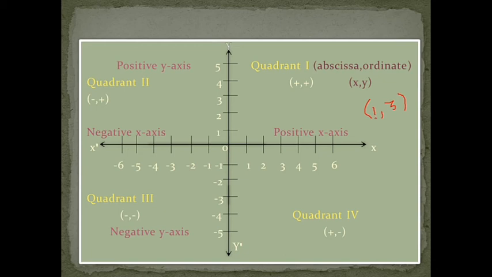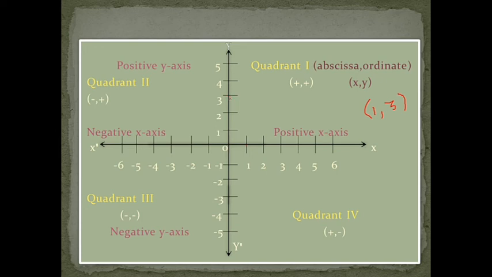x and y are both given positive, which means both coordinates are positive, so they will come in the first quadrant. Where 1 is given on the x-axis, that is here, and 3 on the y-axis, we have to see, so on the y-axis 3 is given here.